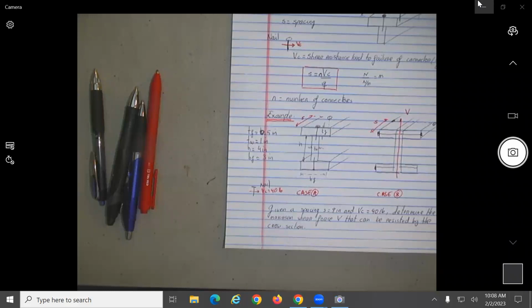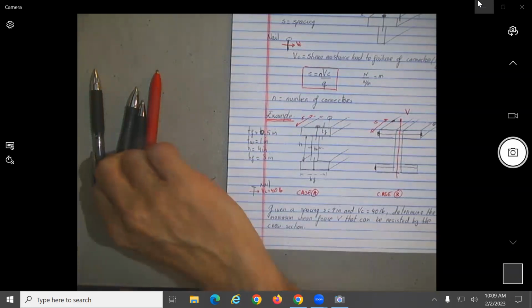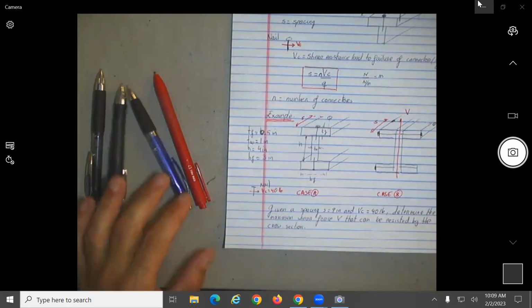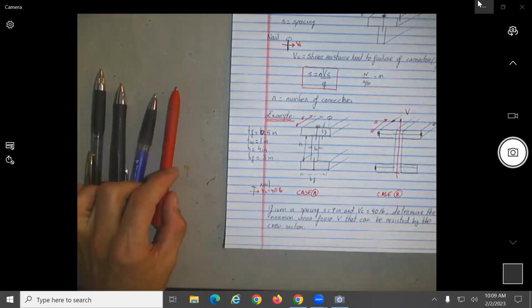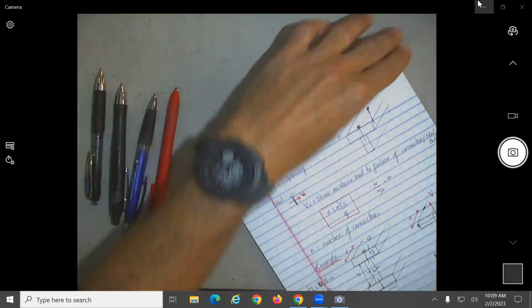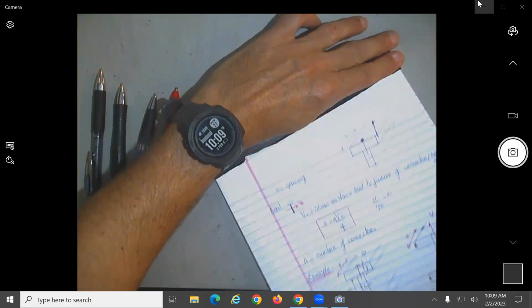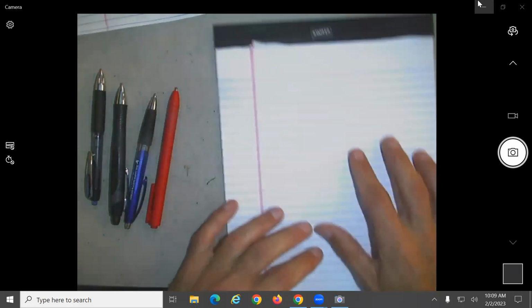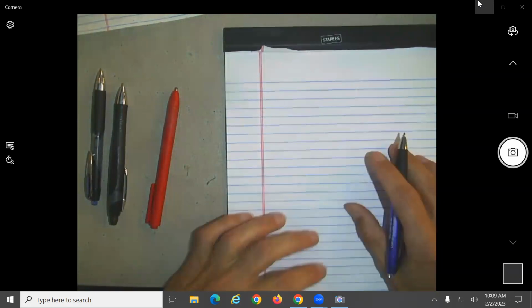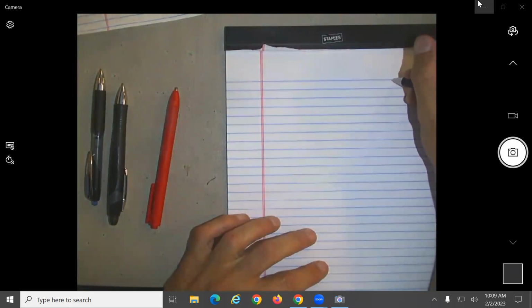So what is the first thing we need to do? It's what we did last time. In order to find the shear flow, we need first to find the shear stress, which is tau equals VQ over It. So what we need to do is find I. This is probably similar to what you did today for the assignment.